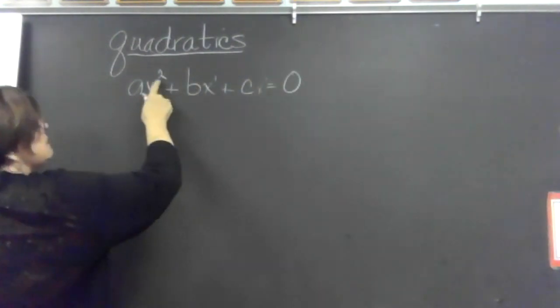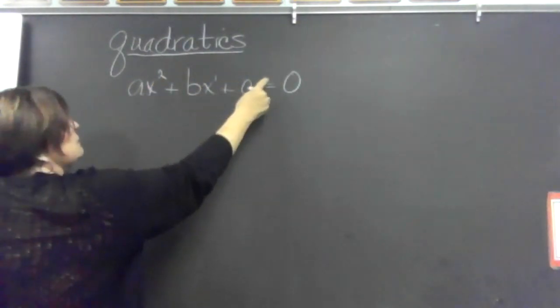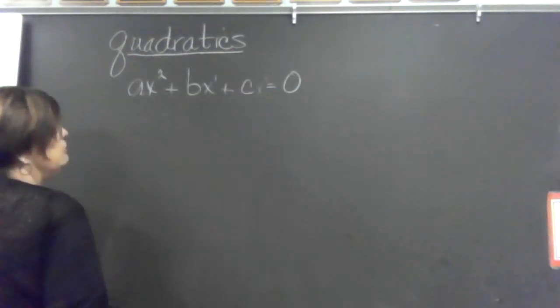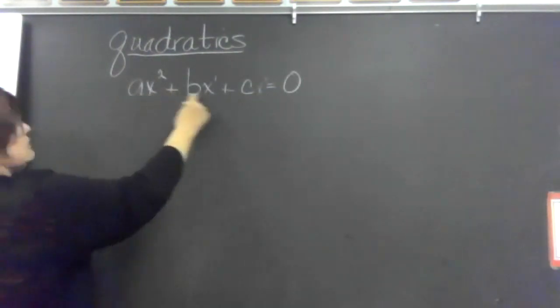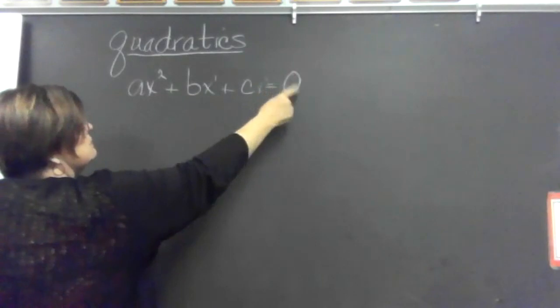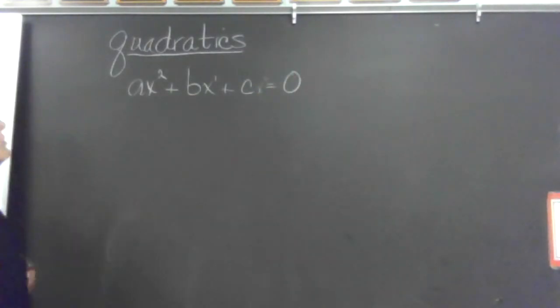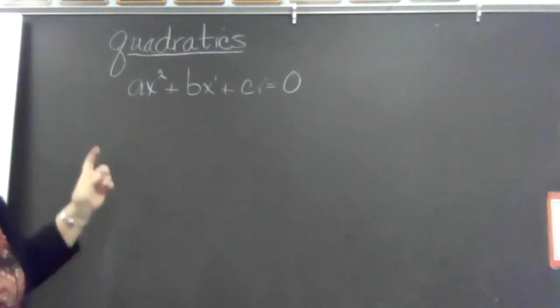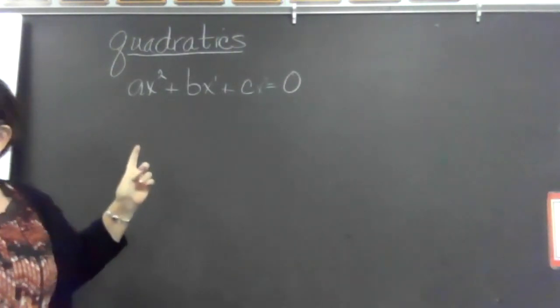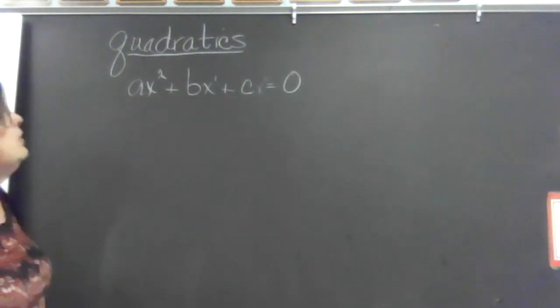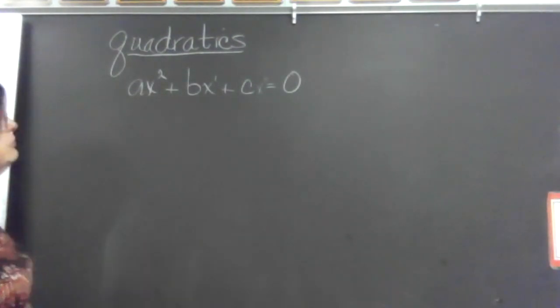So you can see that the exponents are in decreasing order. That needs to be that way, and it needs to be equal to 0 before you can do any kind of calculations with the quadratic. So this is an important thing to go by when you are getting ready to use a quadratic.